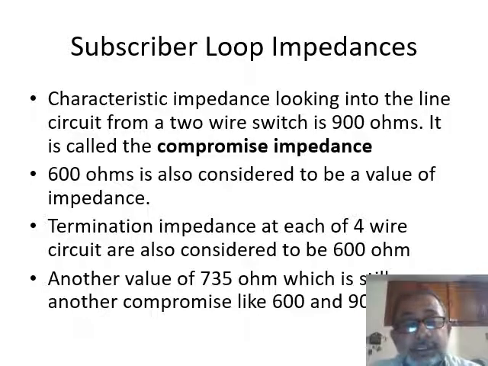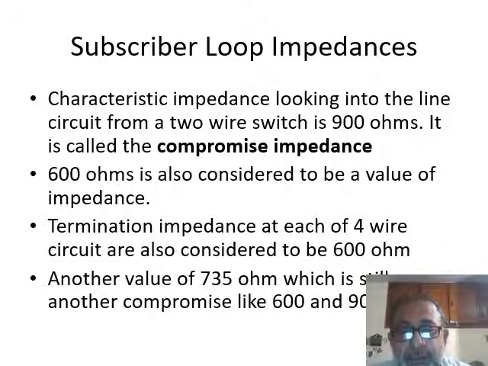Now, what is a subscriber loop impedance? Characteristic impedance looking into the line circuit from two-wire switch is 900 ohms. It is also called the compromise impedance. 600 ohms is also considered to be a value of this impedance.